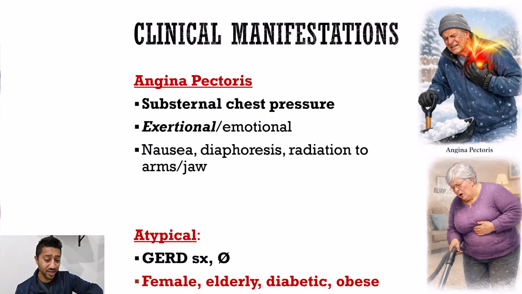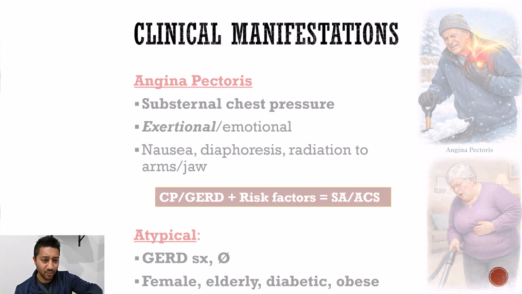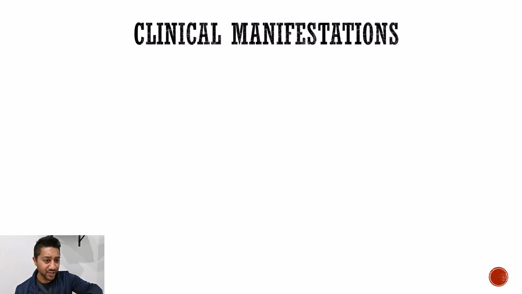For that reason, a good rule of thumb is if you have a patient that's coming in with chest pain or even GERD-like symptoms, but they have the risk factors for atherosclerotic disease, then this is a stable angina or ACS until proven otherwise. Now, once you've identified that classic angina pectoris pattern of chest pain, the next step is to determine if you're dealing with a stable angina or an ACS.